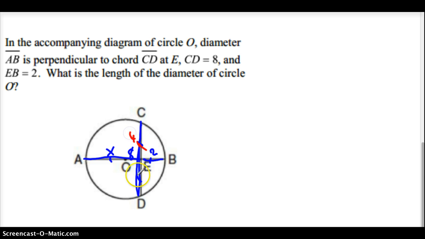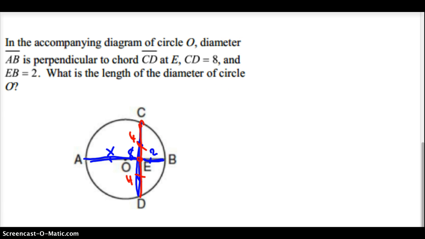Yeah, 4, remember? Because each part is half. So if I wanted to find out what x was, I just use the chord theorem, which just says that this segment times this segment is going to be equal to this segment times this segment.